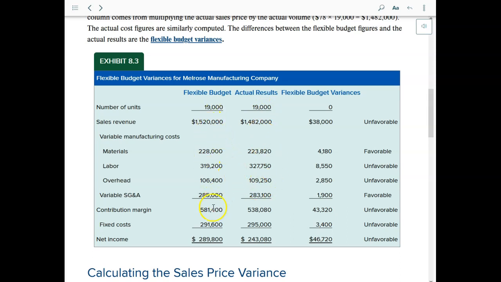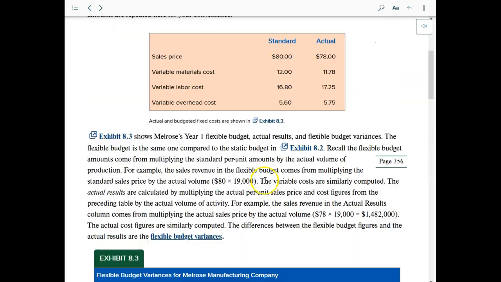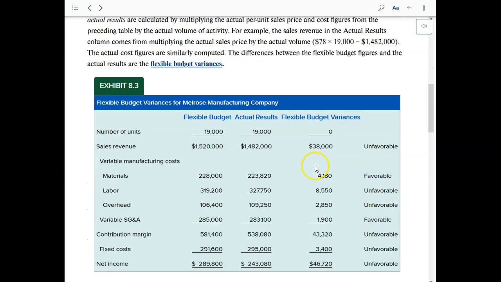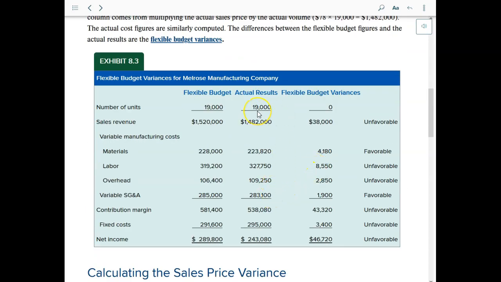Now these are the budget amounts we saw earlier in the previous schedule. These are the actual numbers. So to get these numbers here, take these actual variable cost figures for each, materials, labor, overhead. Take those times the 19,000. And you can see that at this level, we thought we would produce 18,000, actually produced 19,000.